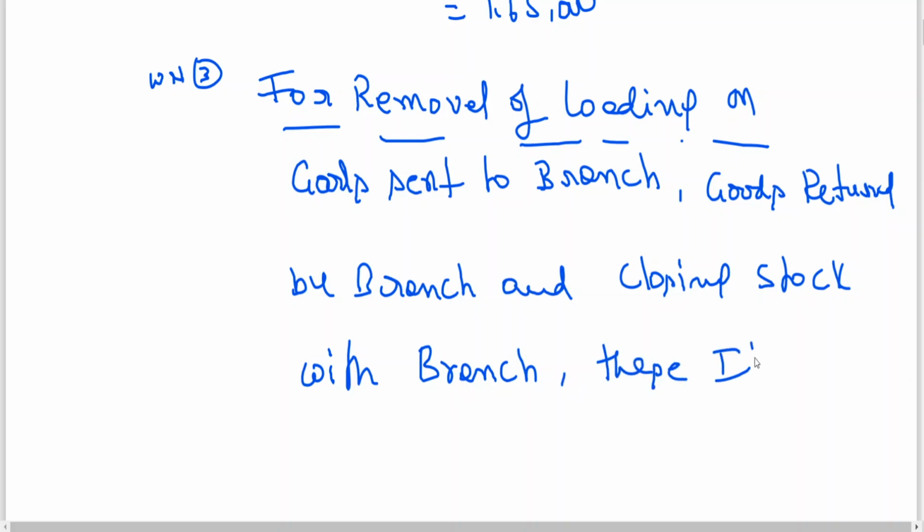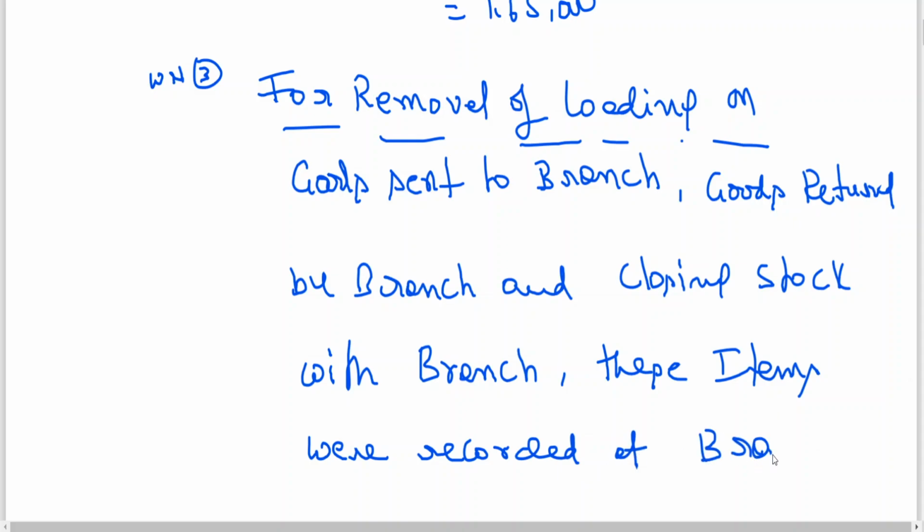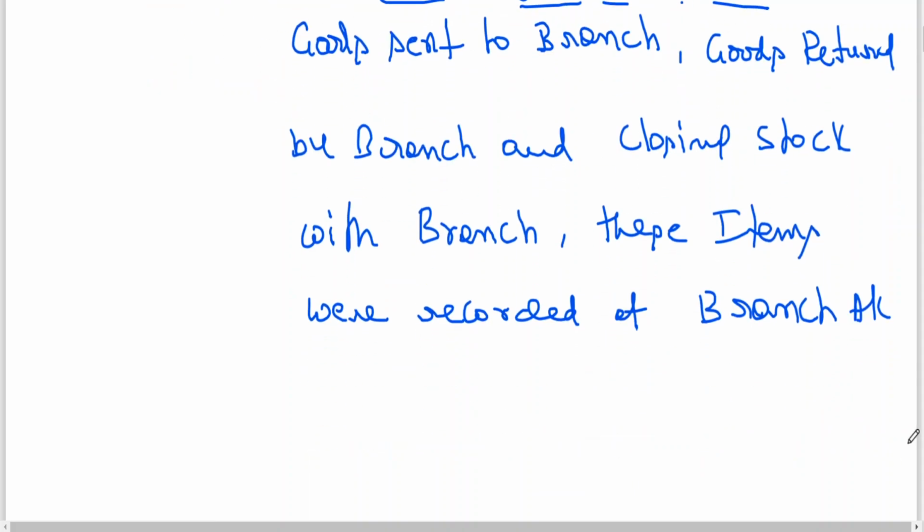These items were given at invoice price, recorded in branch account at invoice price.